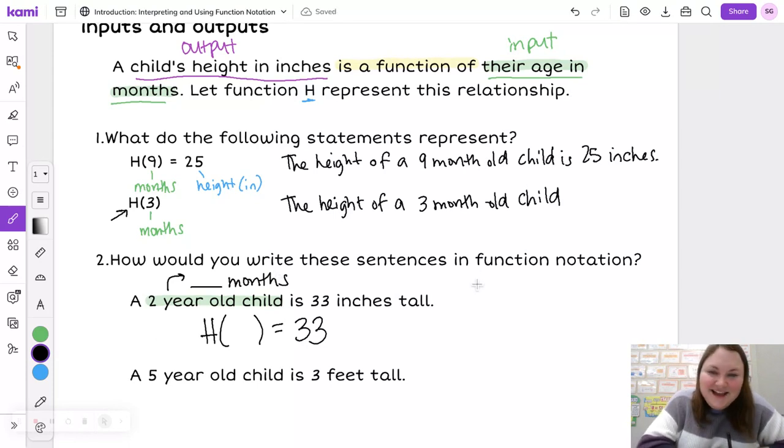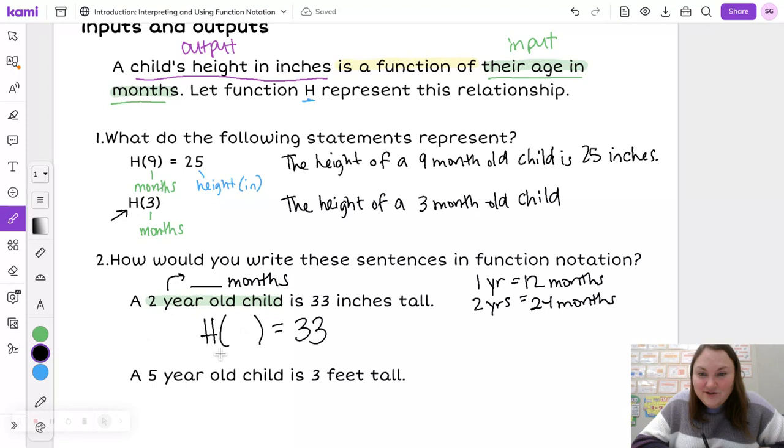The key to doing that is knowing that 1 year is 12 months. So if we were to multiply 2 years by 12, we figure out that 2 years is going to be 24 months. And so the correct function notation would be a 2-year-old child is 24 months old, and so we would say our age in months is 24. H of 24 equals 33.